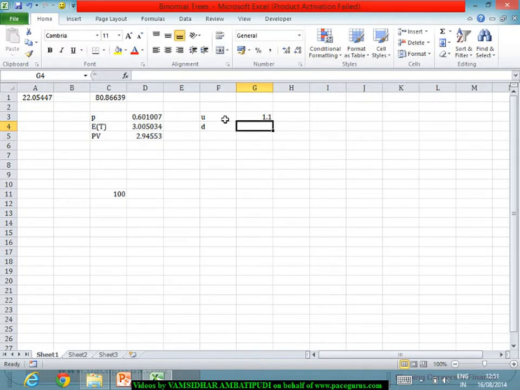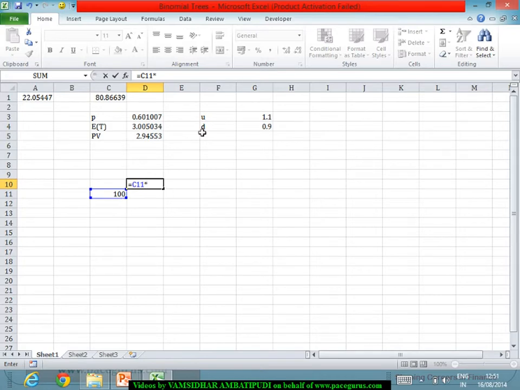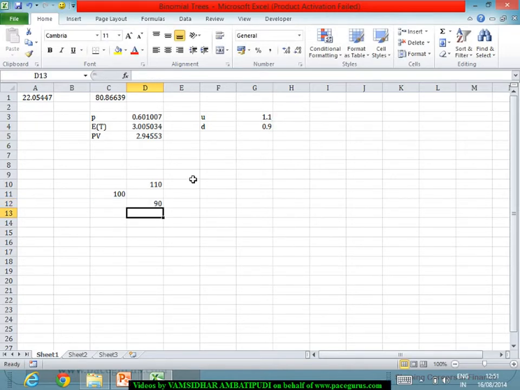D, which is the downward movement, let's say I'll take it as 0.9. So from there I find the actual up price: 100 times 1.1, and the down price: 100 times the down percentage.